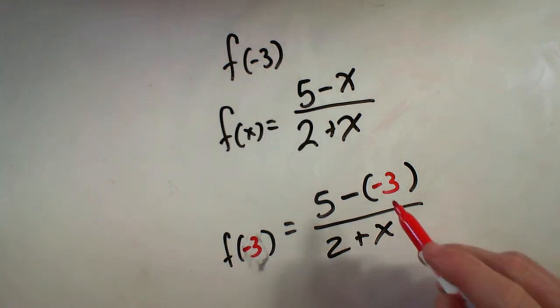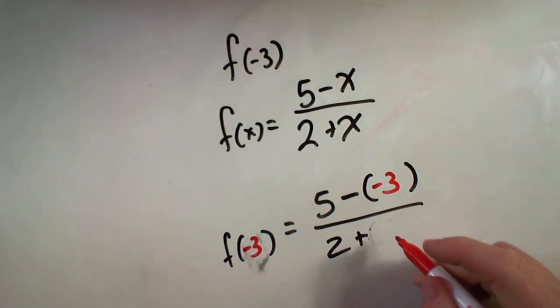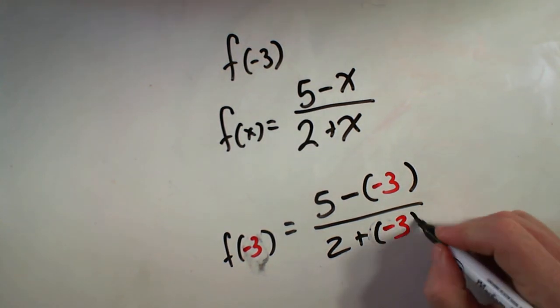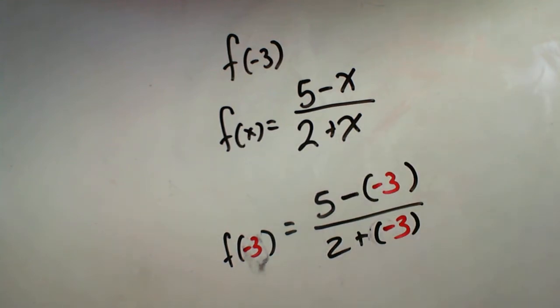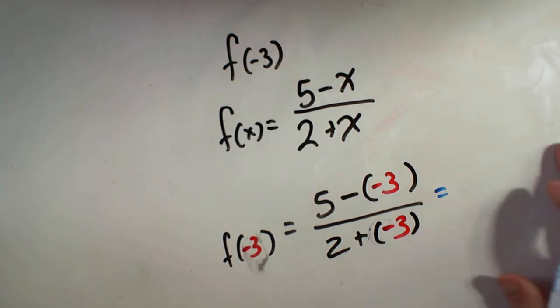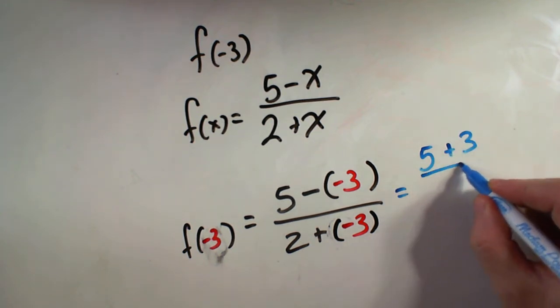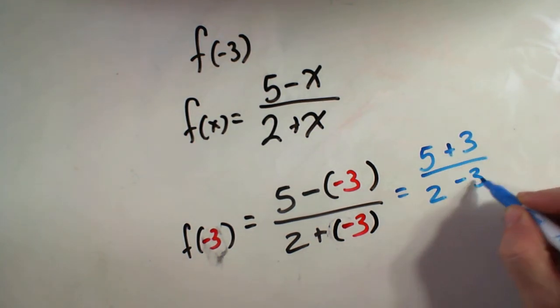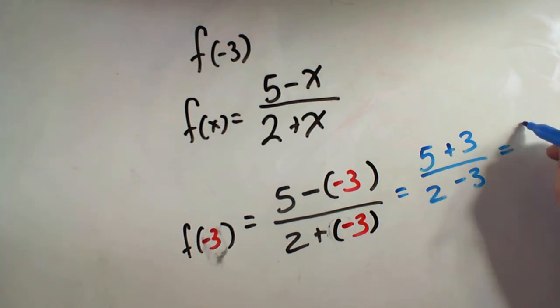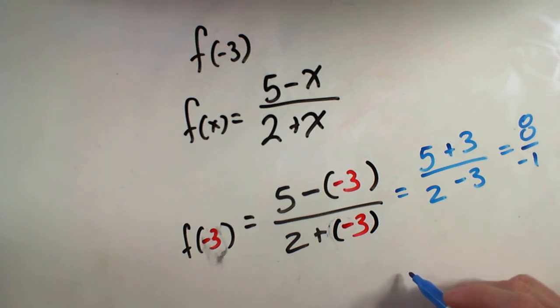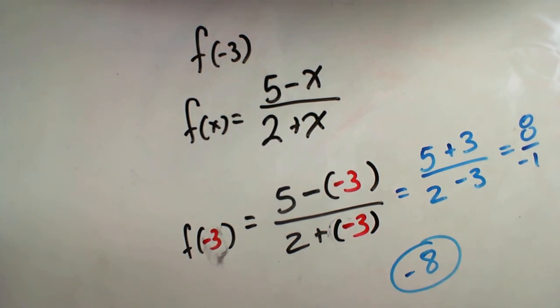And I should have also put a negative 3 there. So I replace all of the x's with negative 3's. Now, negative makes positive. So this top part is going to end up being 5 plus 3 over 2 minus 3. 5 plus 3 is 8. 2 minus 3 is negative 1. So that is negative 8.